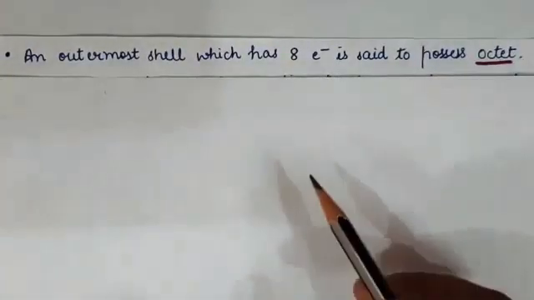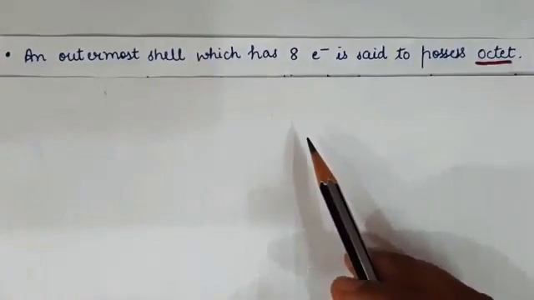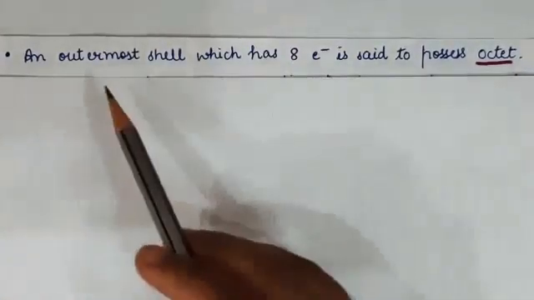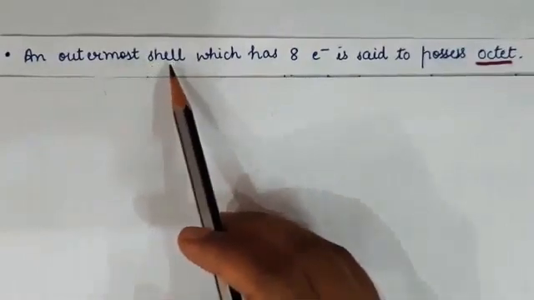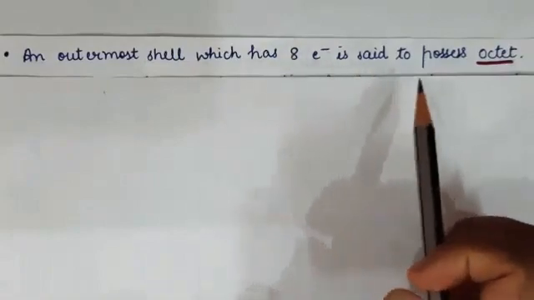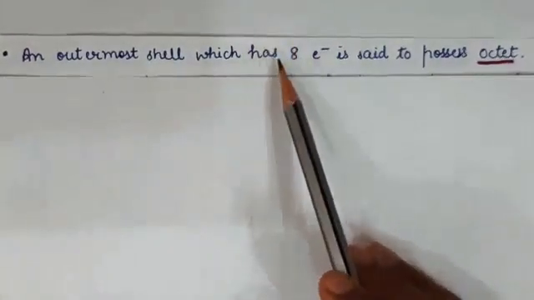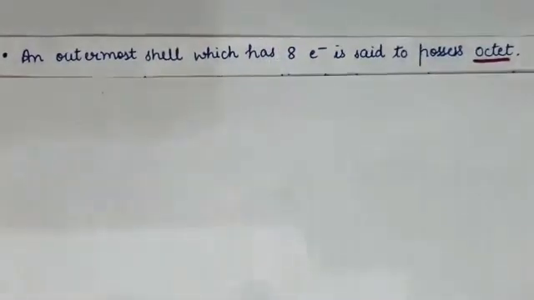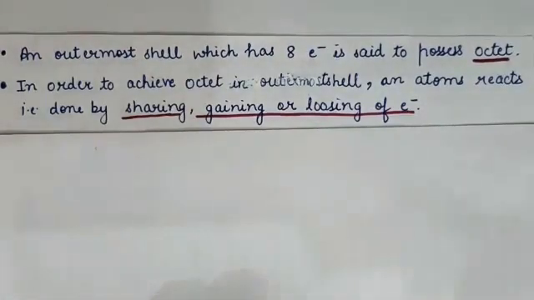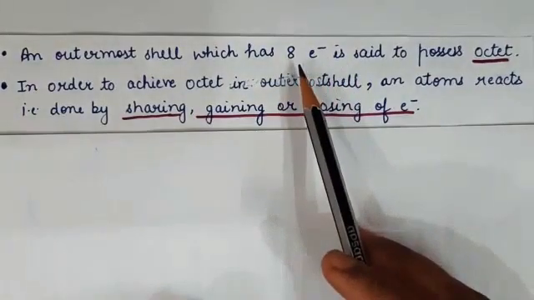Students, yesterday we were discussing valency, and I discussed what is an octet. When the outermost shell possesses 8 electrons, it is said to possess an octet. If there are 8 electrons present in the outermost shell, it means the octet is complete. But there are some atoms where the octet is not complete.